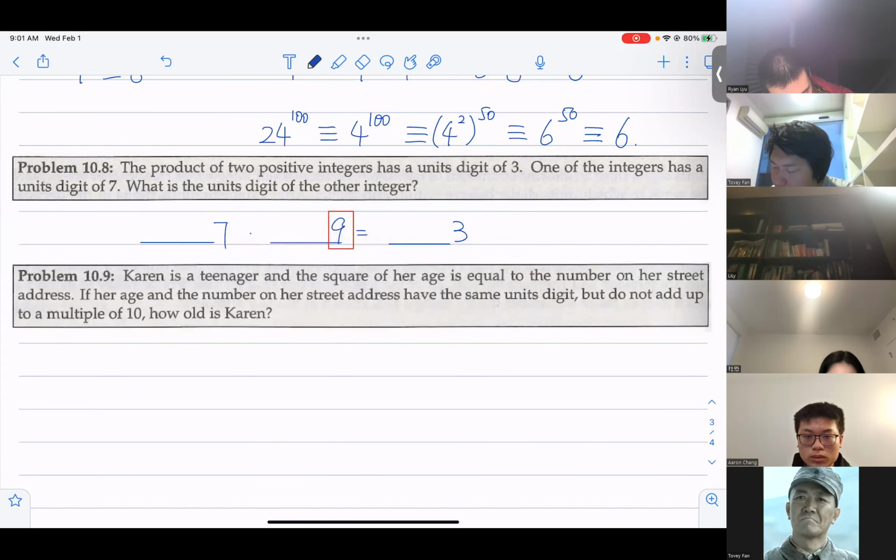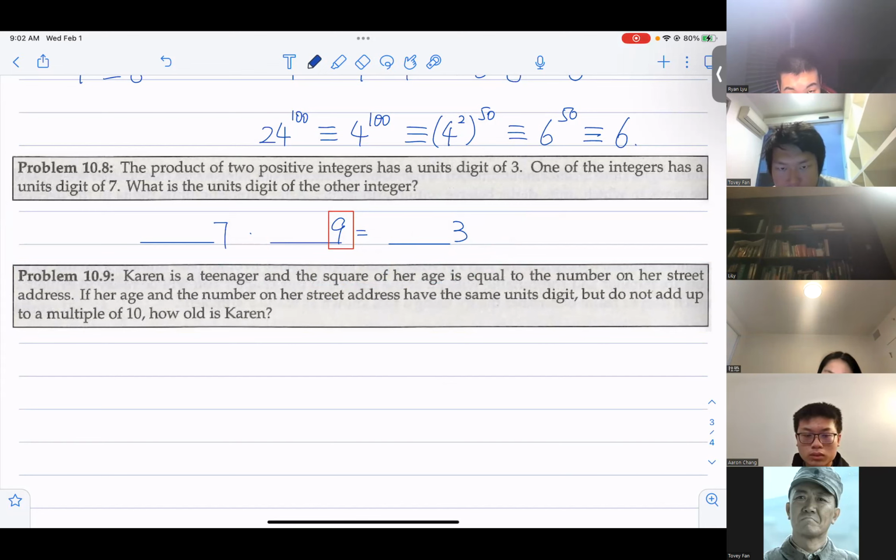Basically, it's asking that the square of a number has the same unit digit as the number itself, right? 非常好。OK, Rika 已经给我答案了.